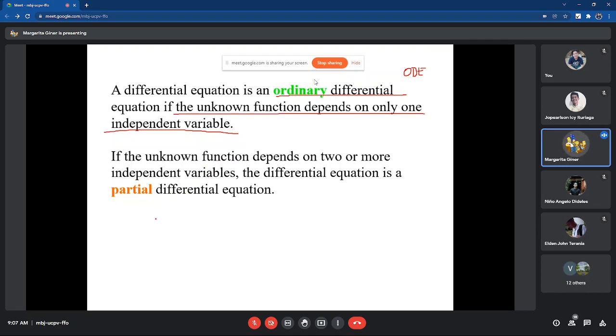And if the unknown function depends on two or more independent variables, the differential equation is a partial differential equation, meaning PDE. ODE has only one independent variable, and PDE, or partial differential equation, has two or more independent variables.